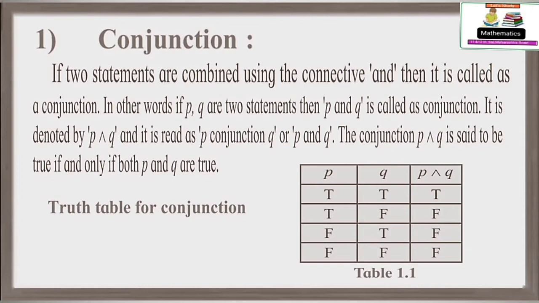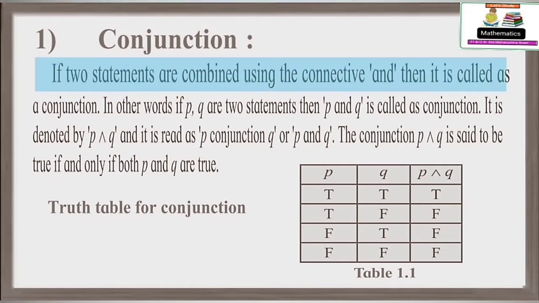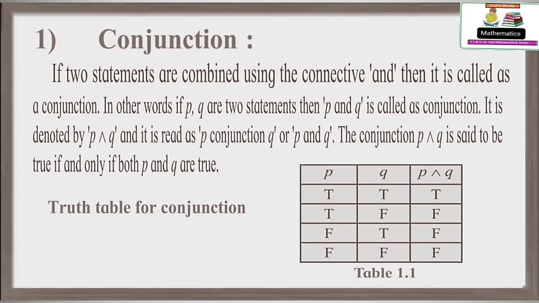Let's see the logical connectives. The first logical connective is conjunction. See here, if two statements are combined using the connective and, then it is called a conjunction. Conjunction means and. In other words, if p, q are two statements, then p and q is called a conjunction.